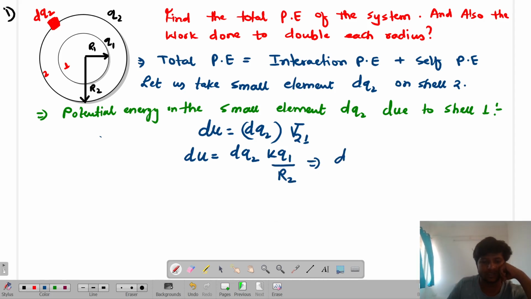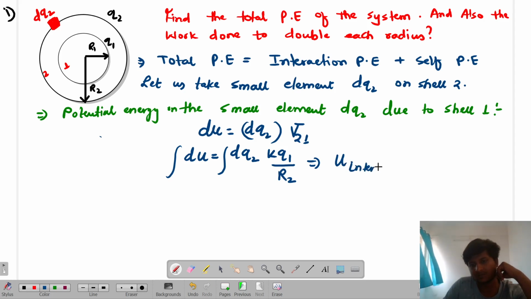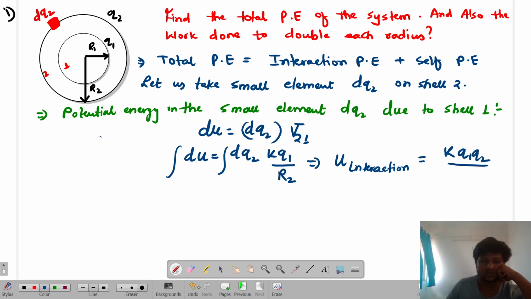सिंपली if I can integrate it, then I can get the net potential energy or not. So net potential energy means you can say that this is the interaction potential energy, which is equal to सिंपल, अगर dq2 का इंटीग्रेट करेंगे तो q2 हो जाएगा। तो इक्वेशन आया k q1 q2 बाय हाउ मच? r2। क्या मेरी बात तुम्हें समझ में आई?